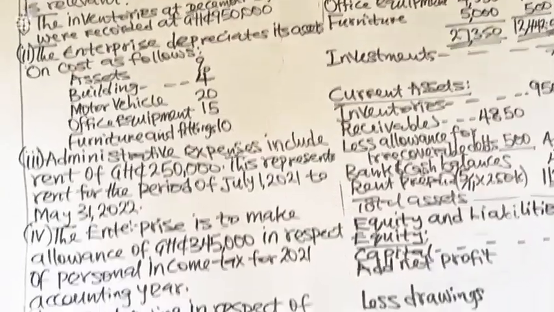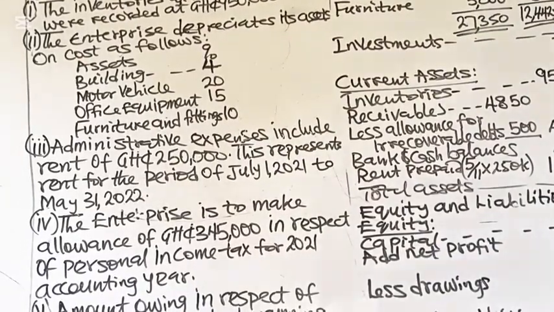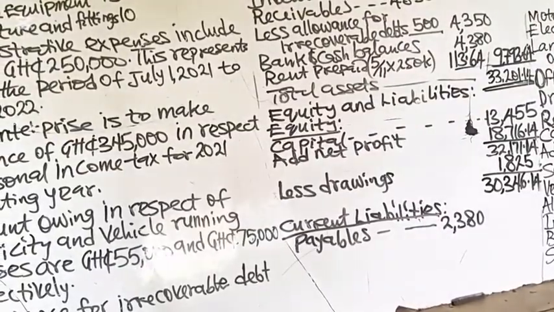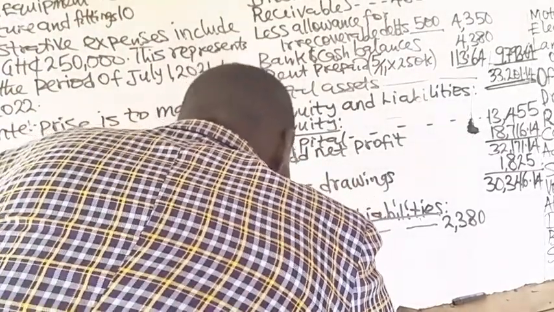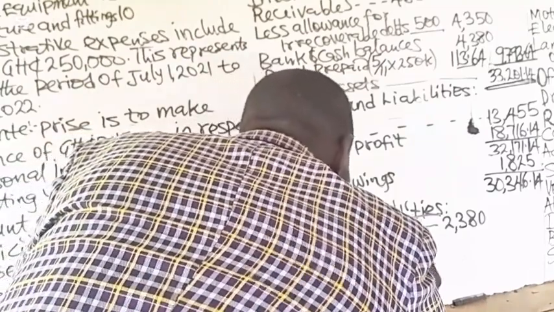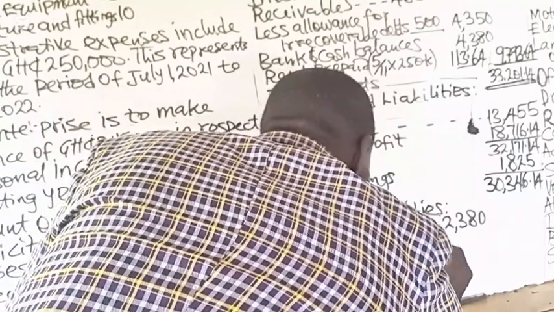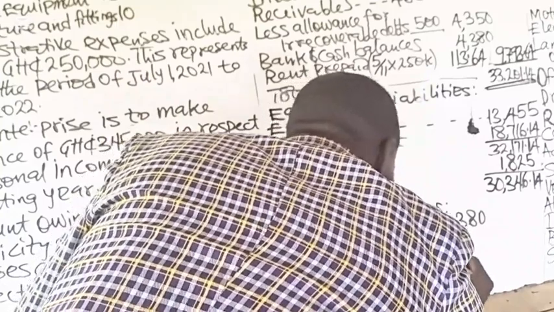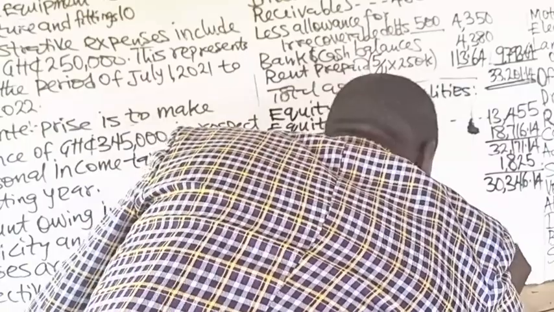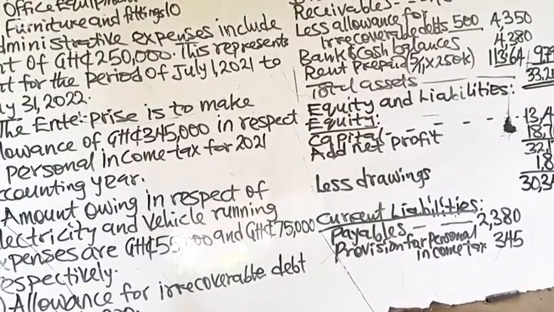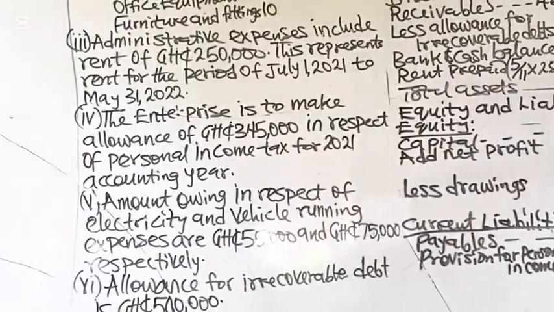So that provision for personal income tax of 345,000 will be shown as current liabilities, and that is obtained from the additional information number 4.